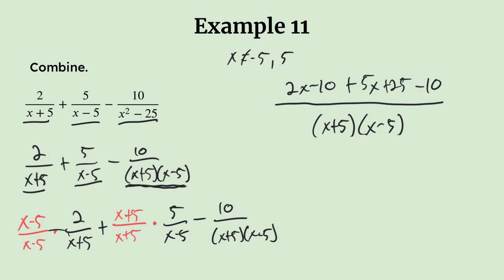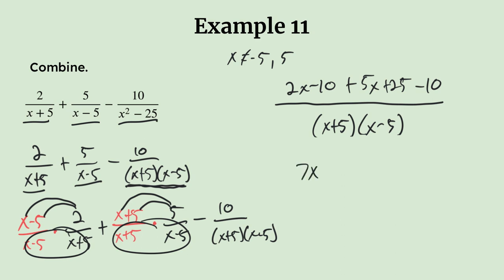So we turned each of these fractions into that x plus 5, x minus 5, which made it then possible to combine the tops. And all we did was 2 times x to get 2x, 2 times negative 5, 5 times x, 5 times 5. Combine the tops, or simplify, so we get 7x plus 5 over x plus 5, x minus 5.